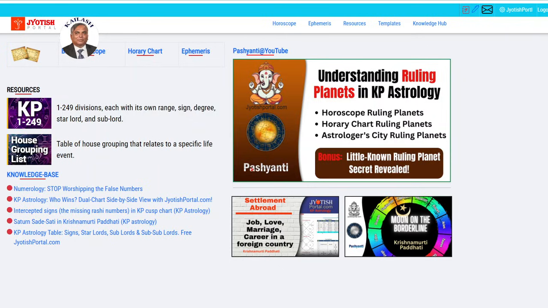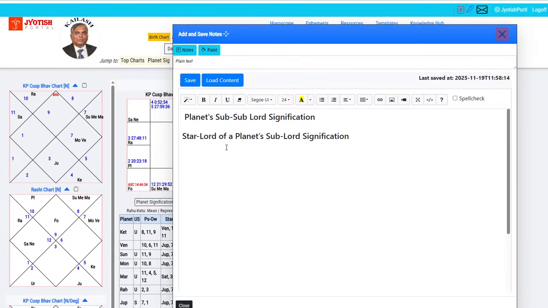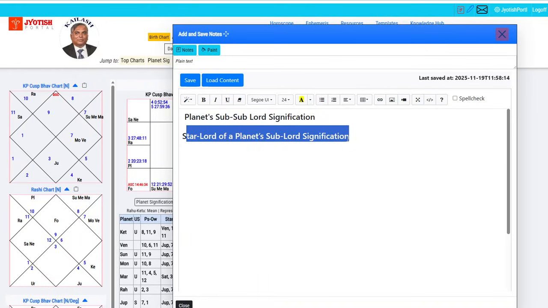So, in this video, I'll draw your attention towards the two new significations that we pull together in one table. Those are the planet's sub-sublord signification and the star lord of a planet sublord signification.